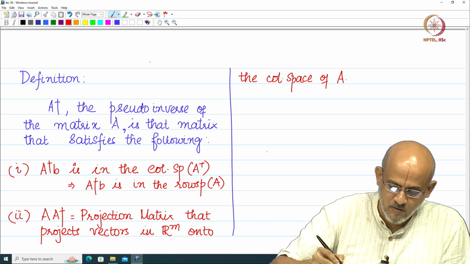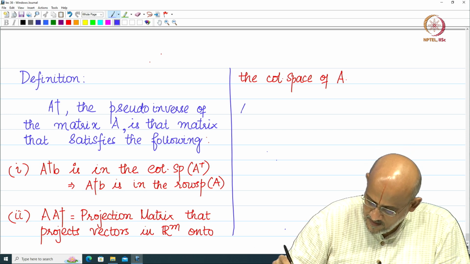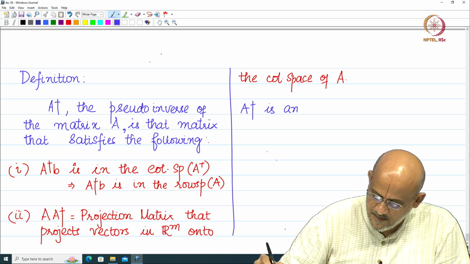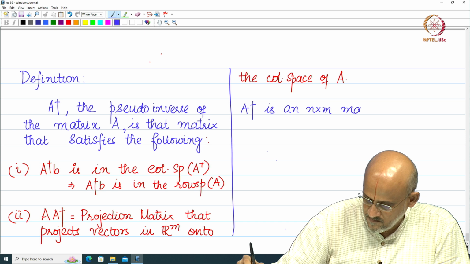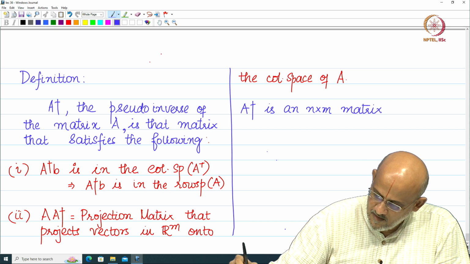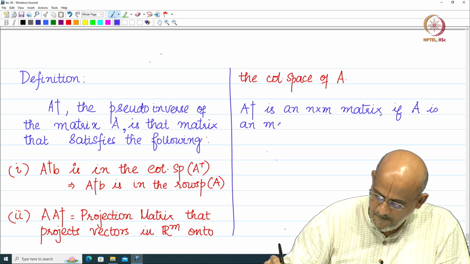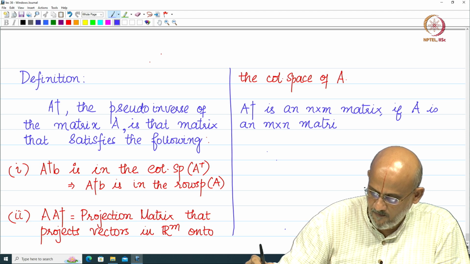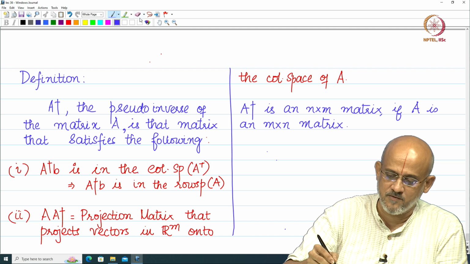A pseudo inverse is an n by m matrix if A is an m by n matrix.